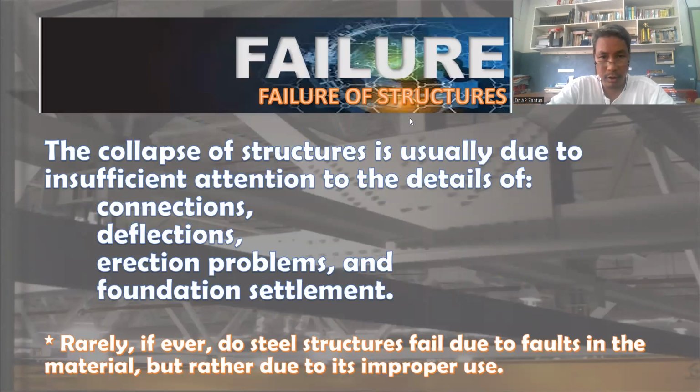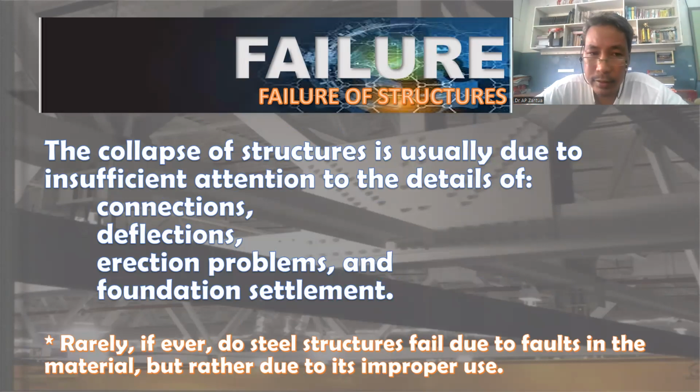So let us talk about the details of possible failure of the structure. It was mentioned that the collapse of a structure is usually due to insufficient attention to the details of: 1. Connection, 2. Deflection, 3. Erection problems, and 4.